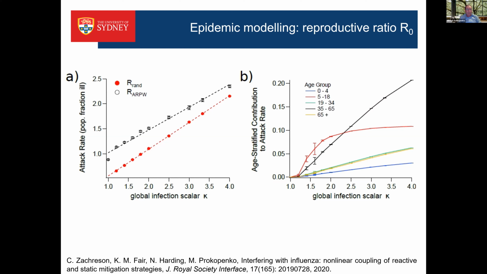You see, the definition of R naught is how many secondary infections a typical random agent, random case, would generate in an otherwise susceptible population.